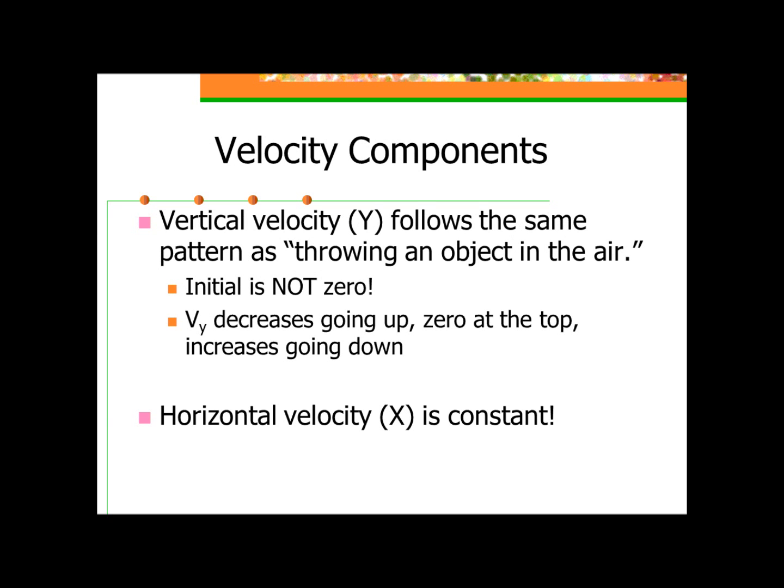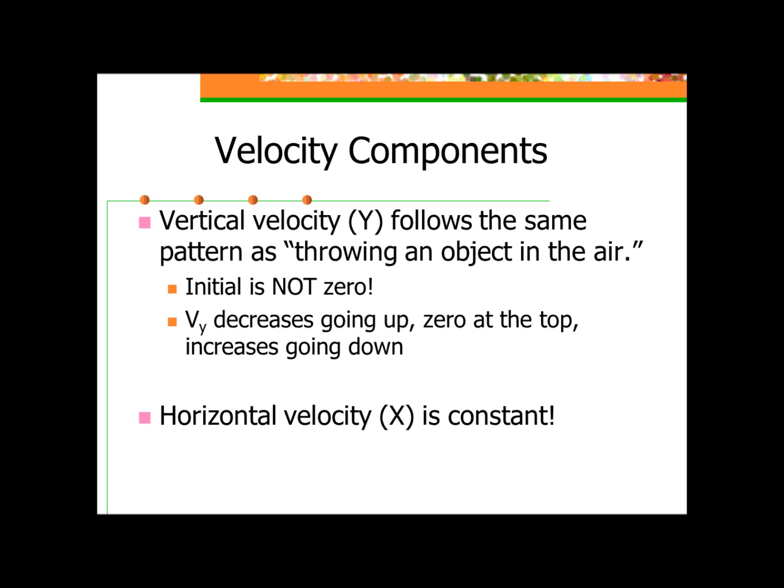So the vertical velocity components will follow the same pattern as an object thrown in the air. If you remember from 1D, whenever an object is thrown into the air in the positive direction, the velocity decreases going up, is 0 at the top, and increases going down.